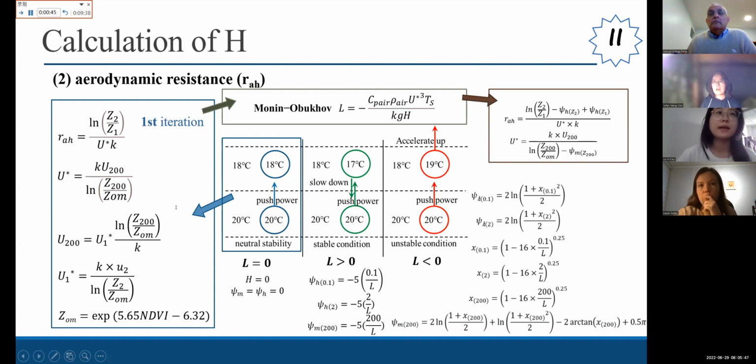Starting from the second iteration, considering the stable state of the near-surface atmosphere, a parameter for judging atmospheric stability, that is the Monin-Obukhov length, is introduced.